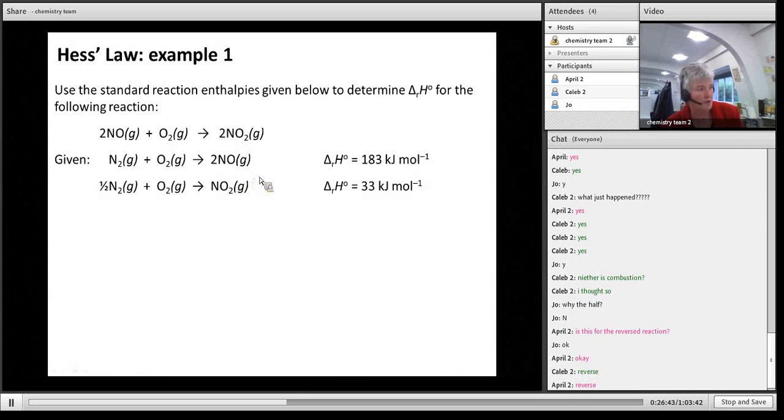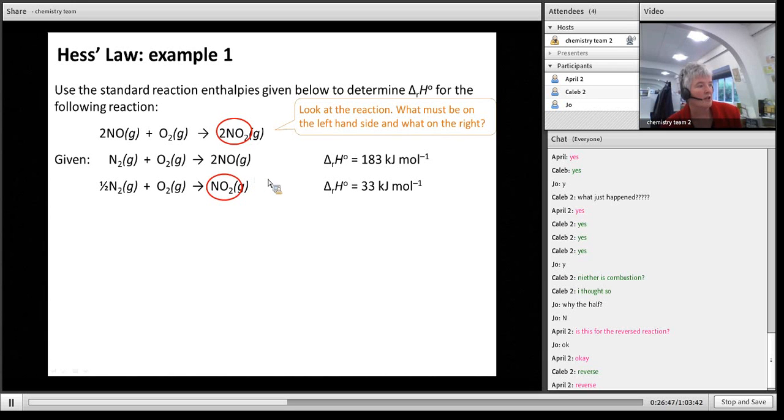I have to reverse it. Correct. There's NO2 that has to be there, and I need NO. So there's the NO, and that's fine. I've got 2 there and I've got 2 there, but I have to reverse this one. And the O2 is all in the right place.